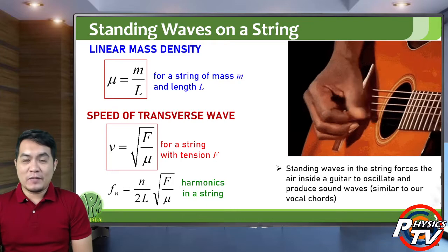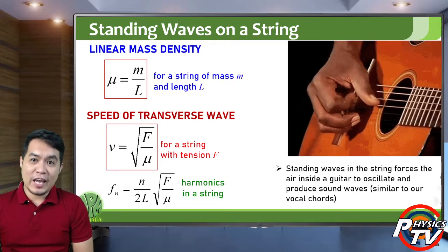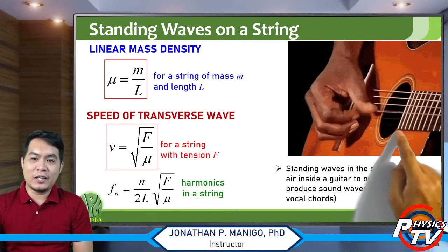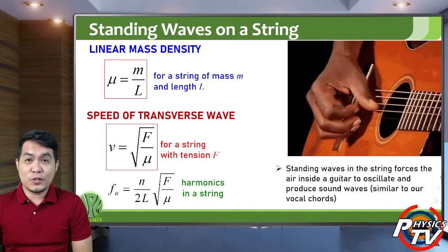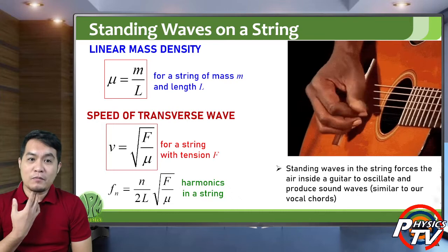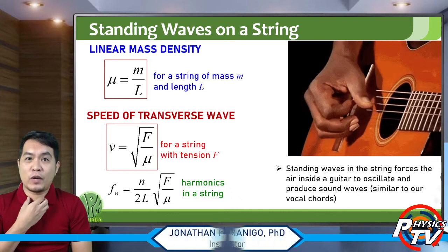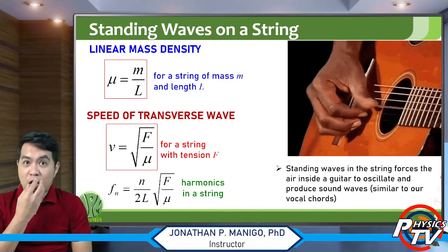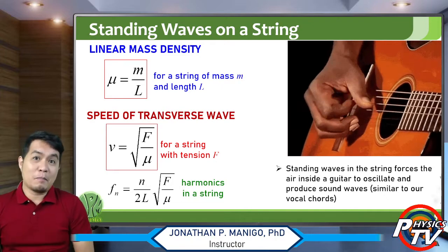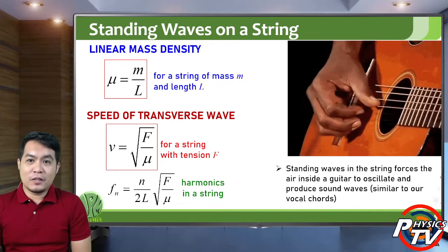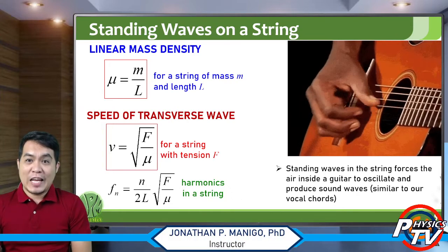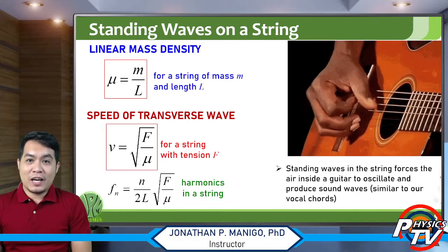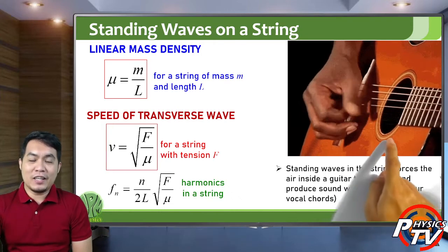And the standing waves in the guitar string actually force the air inside the guitar to oscillate, to resonate, and produce sound waves, similar to how our vocal cords generate sound waves through our windpipe out of our mouths. So we are now relating standing waves in the string and standing waves inside the guitar.